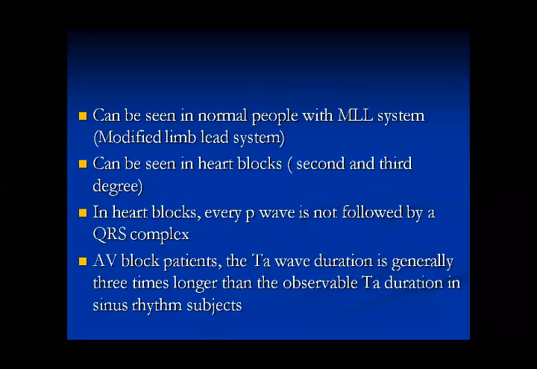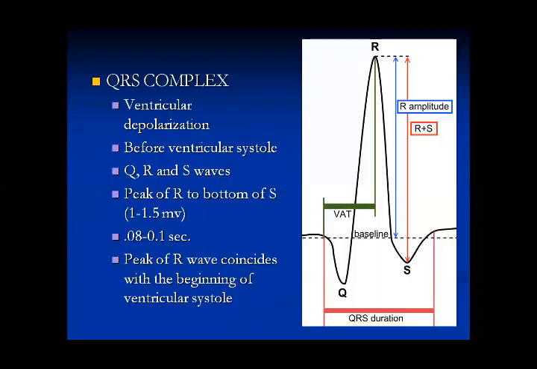So what I mean to say is that the atrial repolarization wave, which normally cannot be seen in an ECG, can be seen with the help of a modified limb lead system in a normal person, or it can be seen in heart blocks, right? When we study heart blocks, I will certainly emphasize this once again. So the P wave was the atrial depolarization wave, and the TA wave was the atrial repolarization wave.